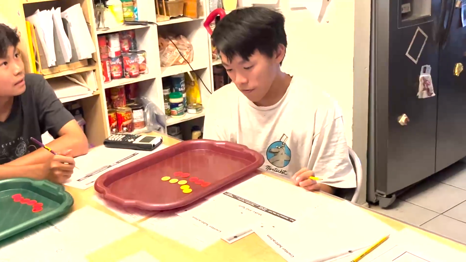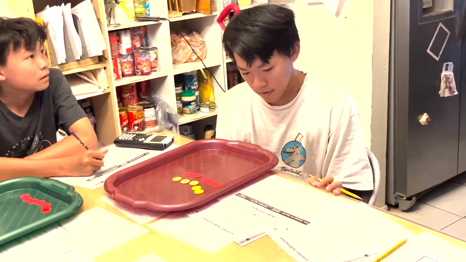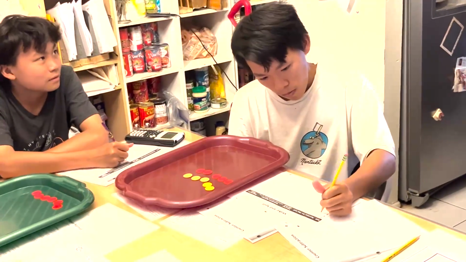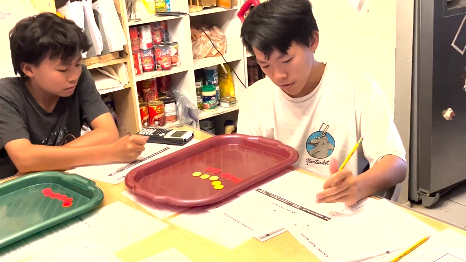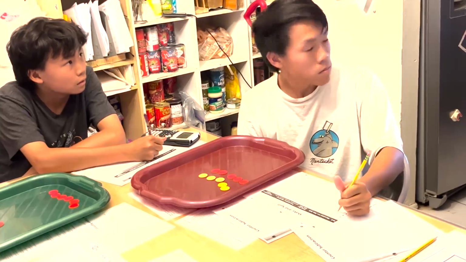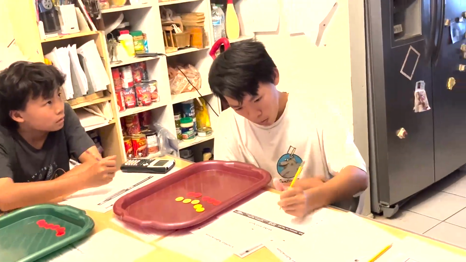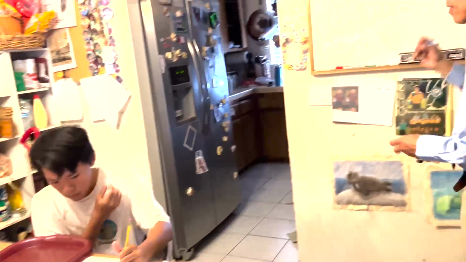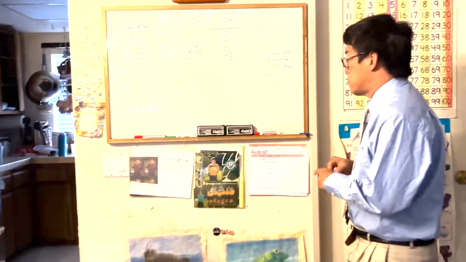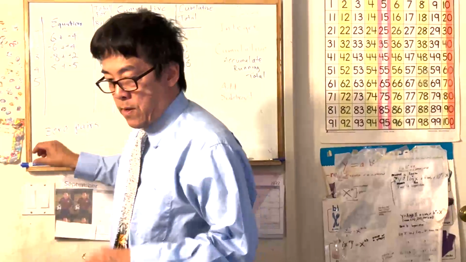Cohen? 5 plus -5. 5 plus -5 equals 0. -6 plus 0 is -6. Okay? Question? So that's how we're going to do this.